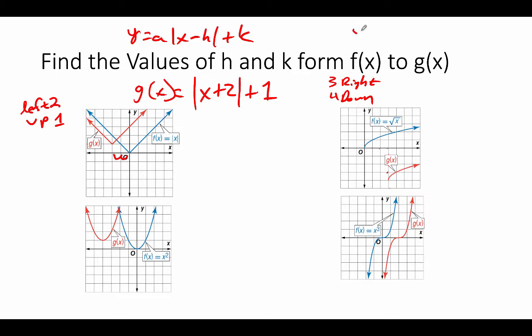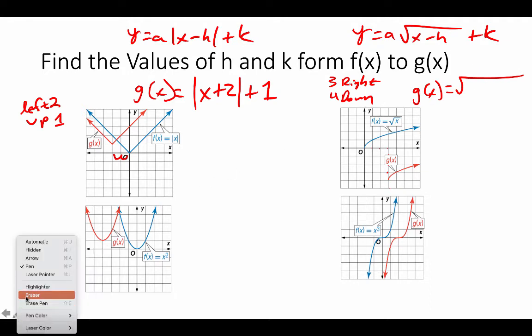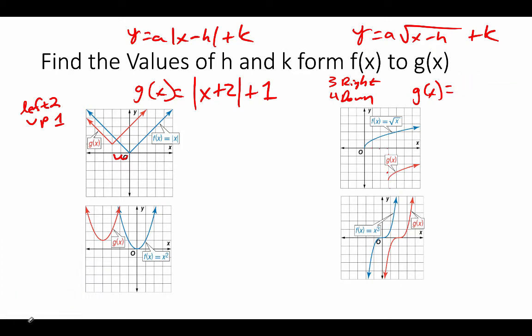So again, I'm going to follow the function up here, x minus h plus k. The value of h is positive 3 because it's right. So I'm going to go g of x equals, whoa, that's going to be way too big. Let's get rid of that. Okay, let's get it figured out.